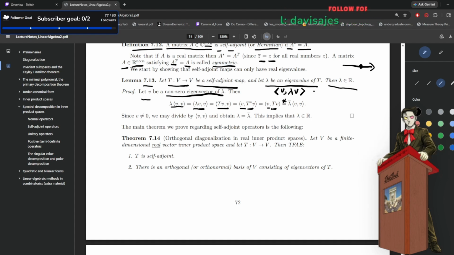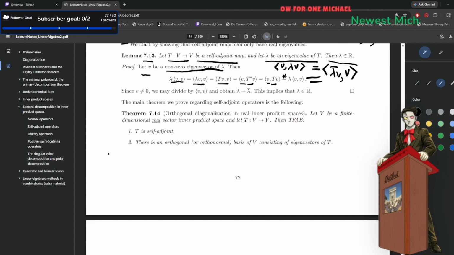So to remove it, we have to take the conjugate, and you are going to have the inner product of lambda bar V with V. Then you're able to pull it out and receive this result. Now, since V is not 0, we may divide by the inner product of V and obtain lambda is equal to lambda bar. This implies that lambda is a real number.